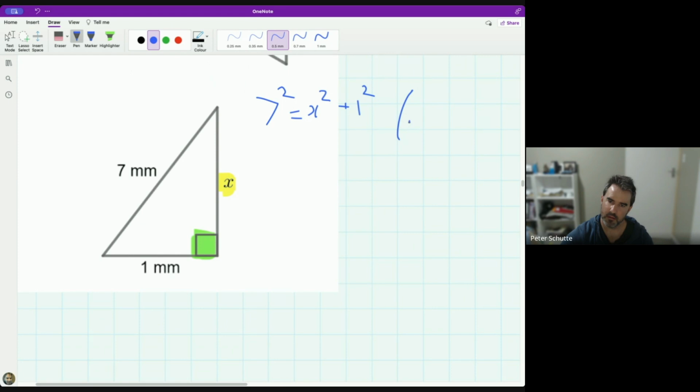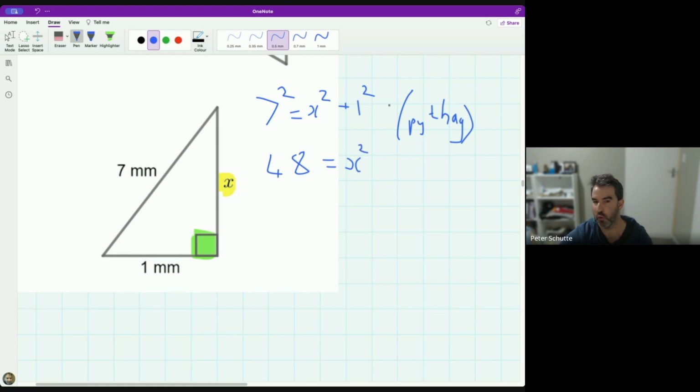So for me, that would be my first statement, but now I still need to find what x is. So that's 49, but I have to bring the 1 across. So I'm going to end up, and please do ask a question if I'm going too fast, if I've missed out steps.